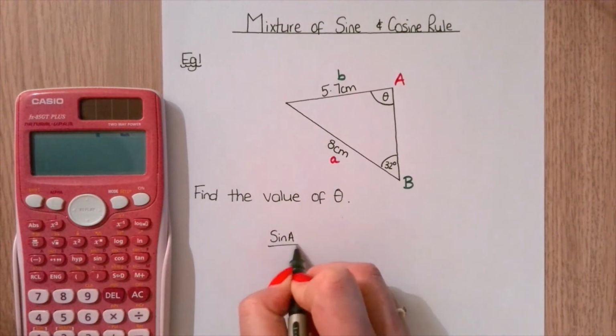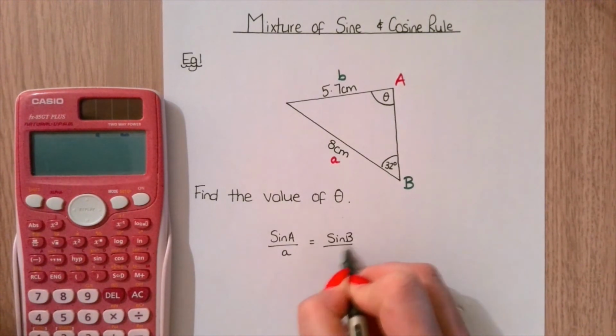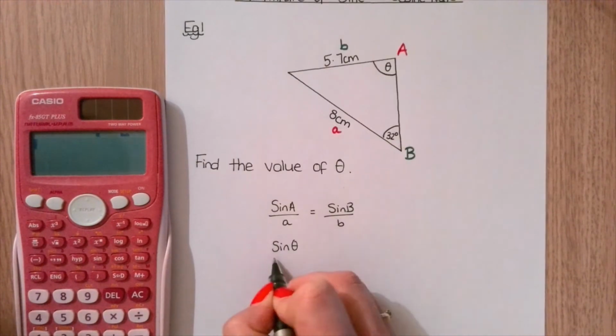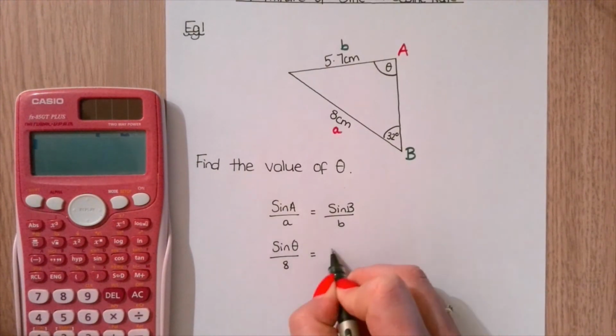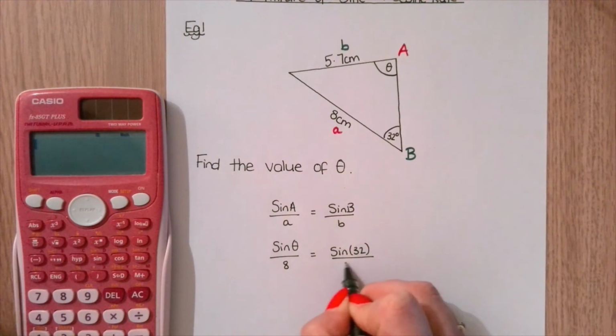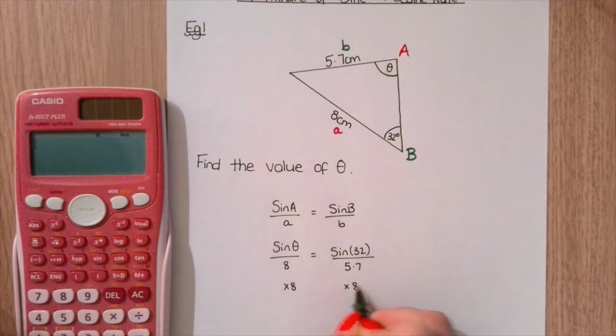Sine A over a equals sine B over b. Sine theta over 8 is equal to sine 32 over 5.7. Multiply both sides by 8 to get sine theta the subject.